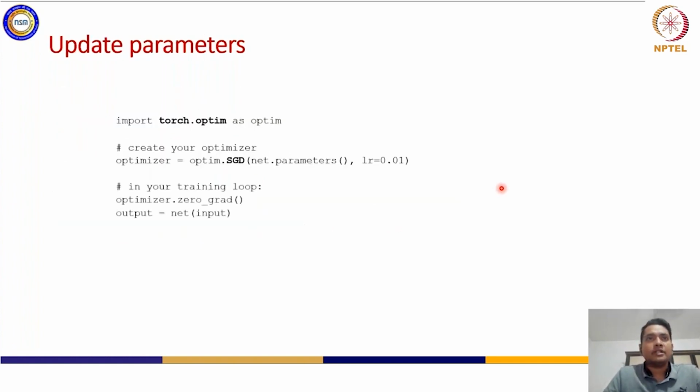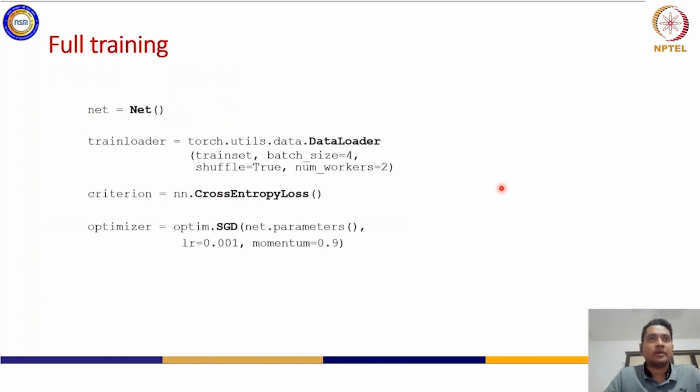And also, we have seen how to implement that pipeline with PyTorch. So first, we have to define this network, then the data loader for training, with the different parameters that we have seen, and then we have to define the optimizer.